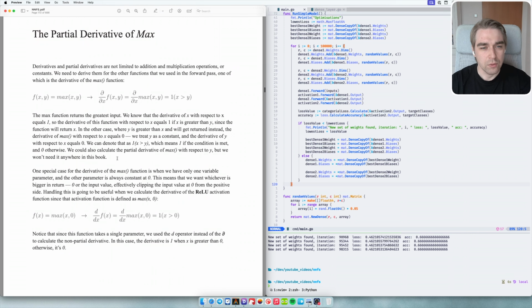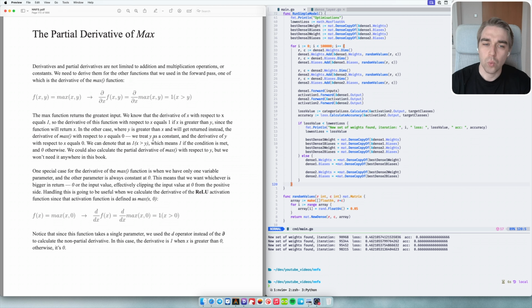We know that the derivative of x with respect to x equals 1, so the derivative of this function with respect to x equals 1 if x is greater than y, since the function will return x. In the other case, where y is greater than x, the function returns y instead, and the derivative of the max with respect to x equals 0.